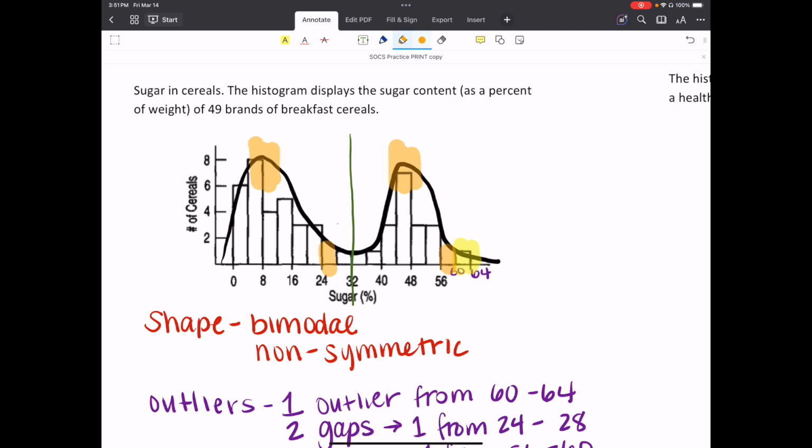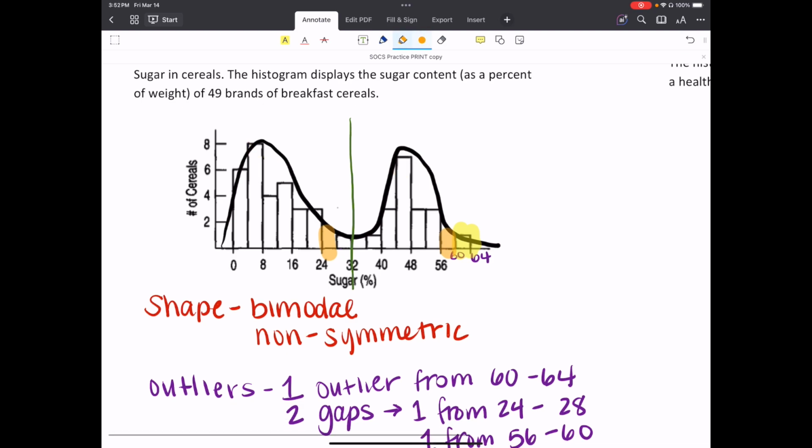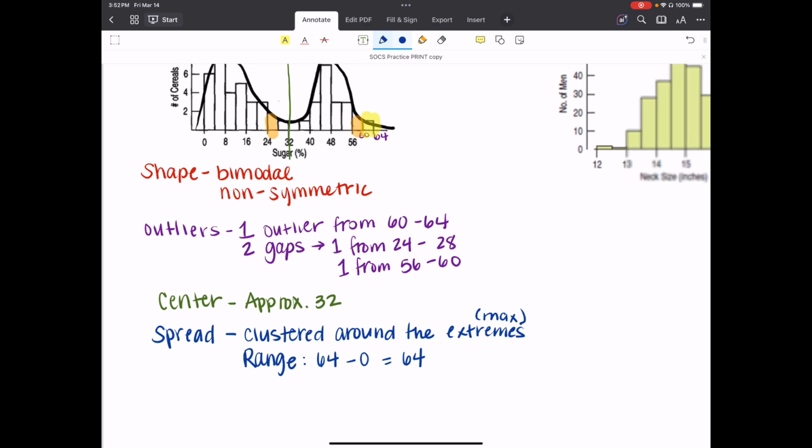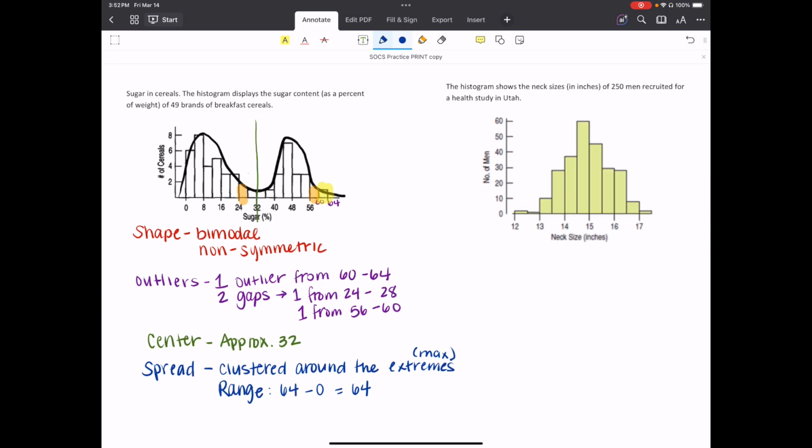So those are the extremes. And then lastly, for spread, we have to find the range. So range is our maximum value, so 64, minus our minimum value of 0. So the range is 64. So that is our entire shape, outlier, center, spread, or our SOCS for this graph.